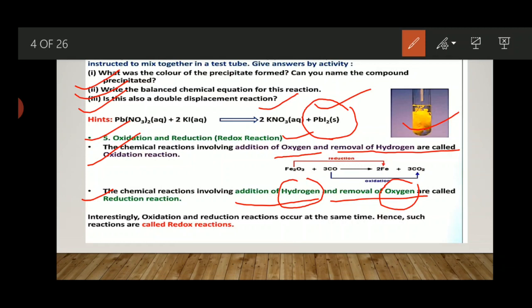In case of reduction, addition of electropositive element or removal of electronegative element. Wherever these kinds of things are there, that is known as an oxidation and reduction process. Whenever these two reactions take place simultaneously, that type of reaction is known as a redox reaction.